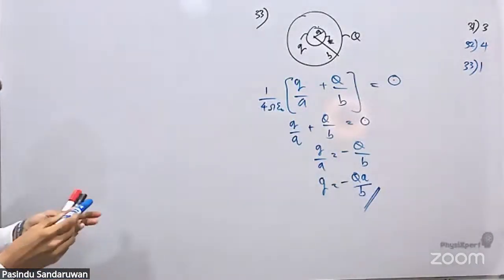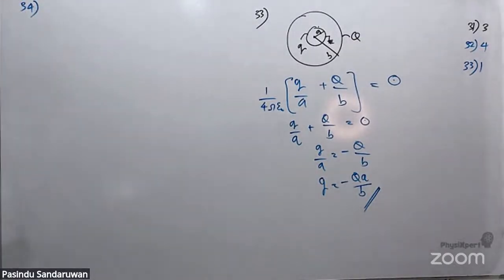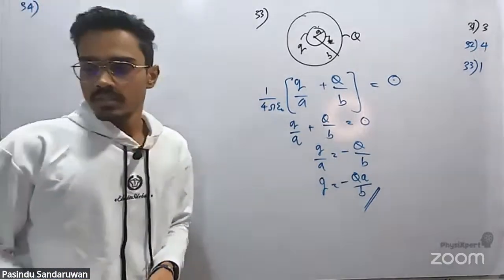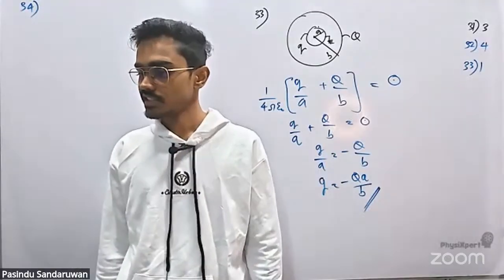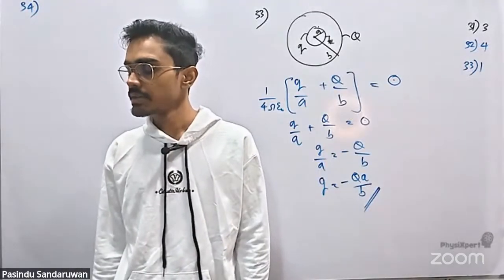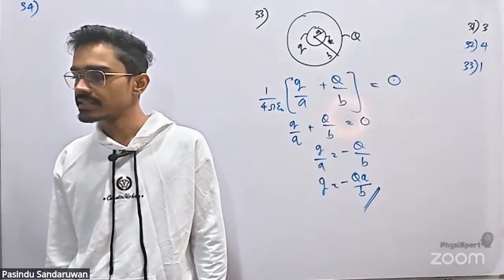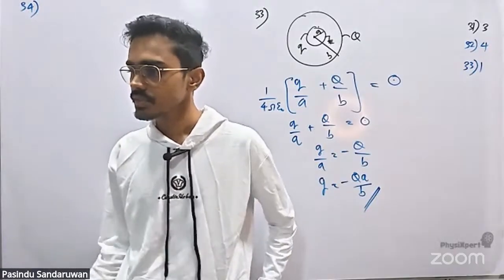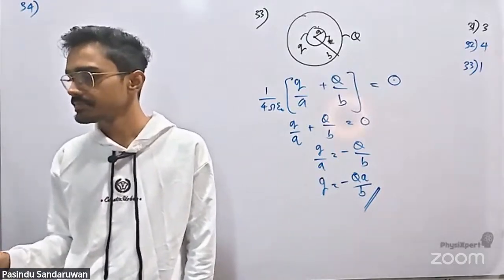Ready? 4. From the 3 identical metal plate system shown in the diagram, the upper and the lower plates are earthed, and Q charge is given to the middle plate. Okay.